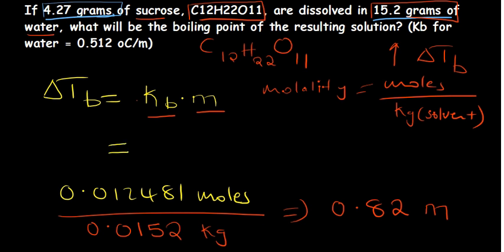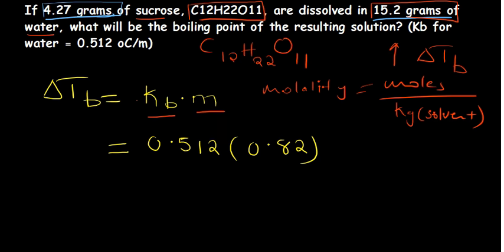Okay, so our Kb is 0.512, our m is 0.82, our i of course was equal to 1. So multiply by 0.512, so the resulting solution is 0.42. That's the boiling point elevation.